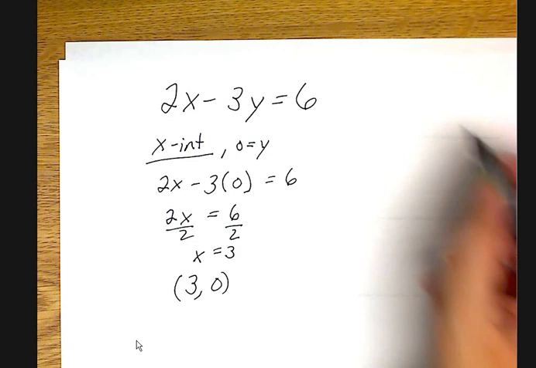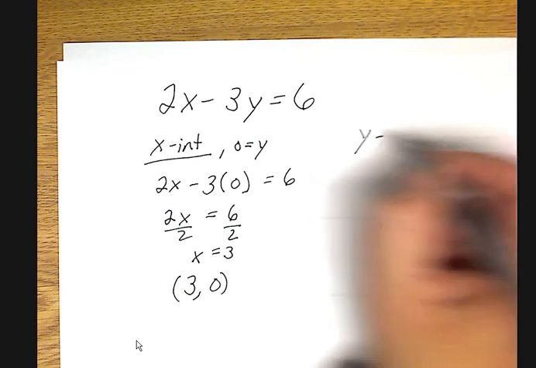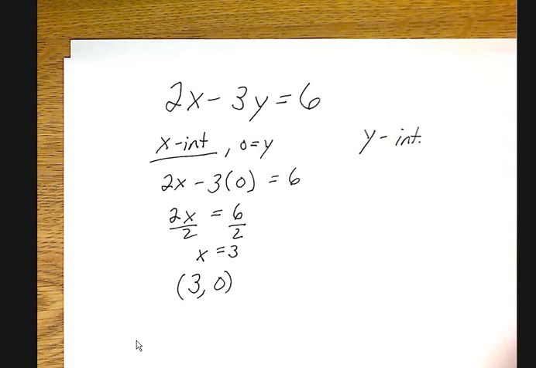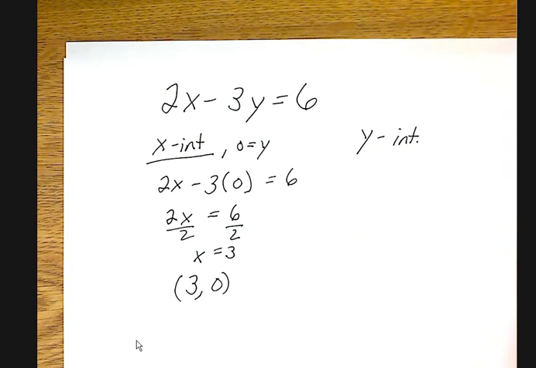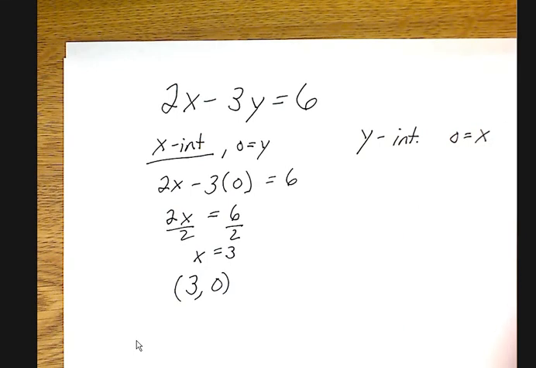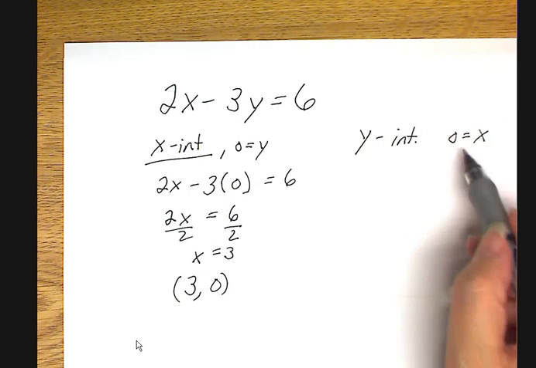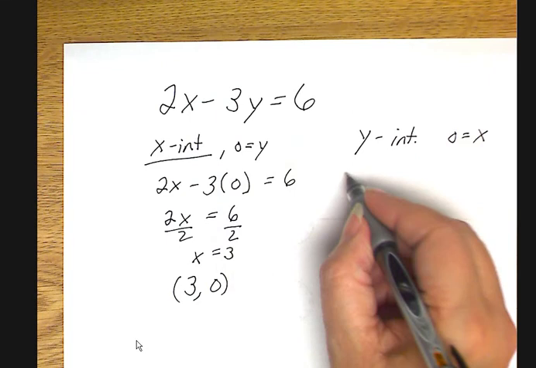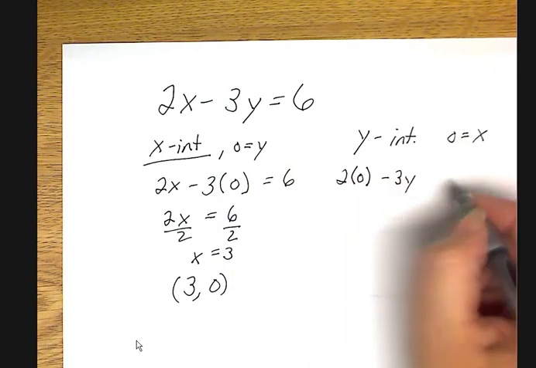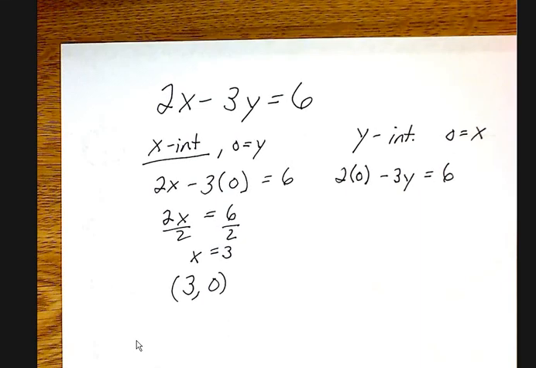Our y-intercept. How do you find the y-intercept? What do you have to plug in? 0 for x. So we're going to plug in 0 here. So we're going to go 2 times 0 minus 3y is equal to 6. Some of you might be able to see it just with that.